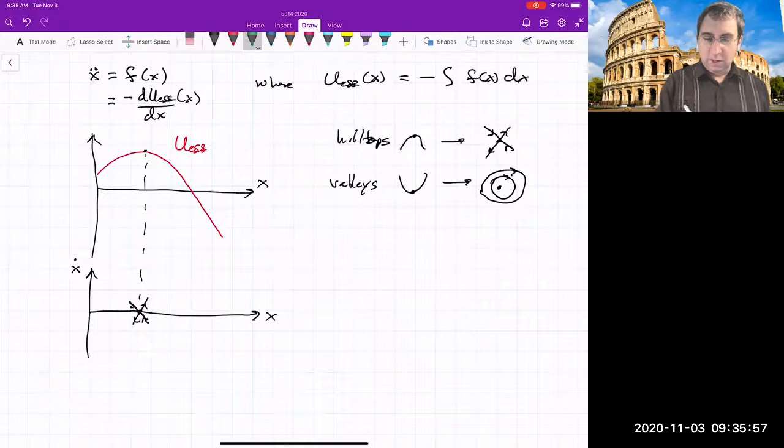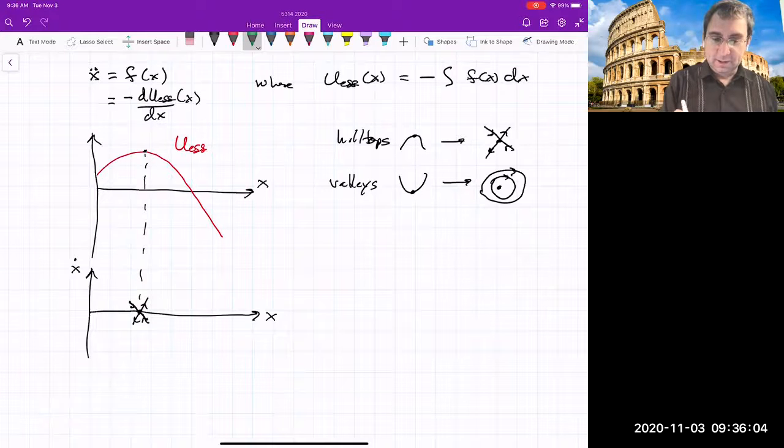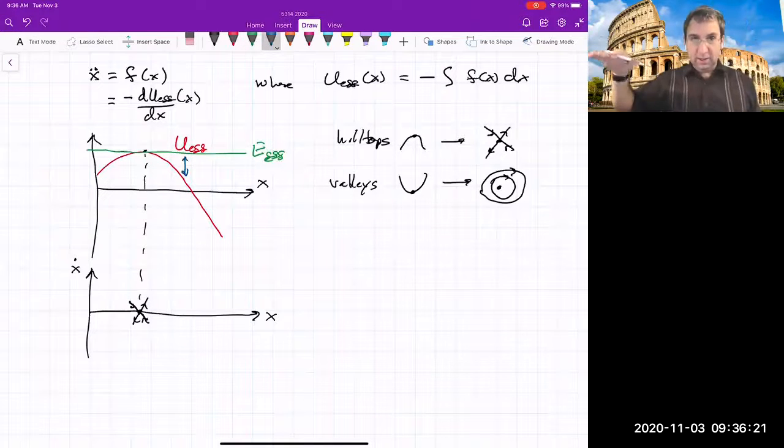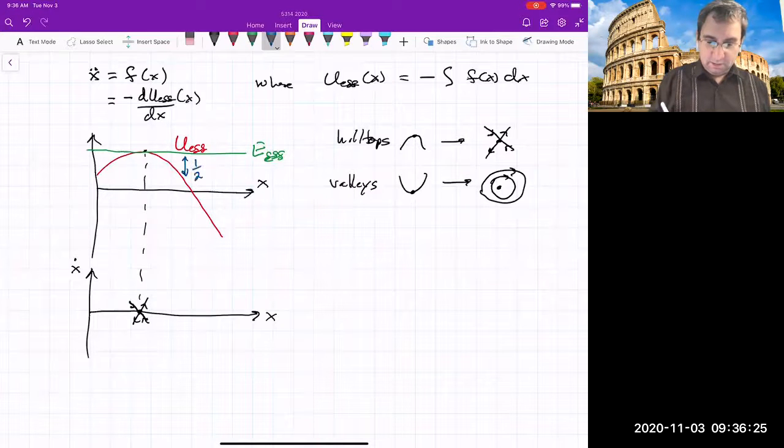And we should know lots of things about 1 degree of freedom systems that are based on an effective potential energy. They conserve, if you were to draw a straight line like this, it would be like the effective total energy. And the distance between the total energy straight line and the effective potential energy is 1/2 x dot squared.